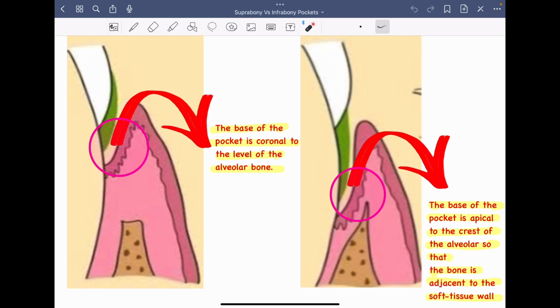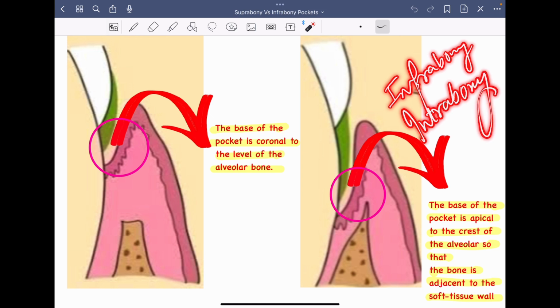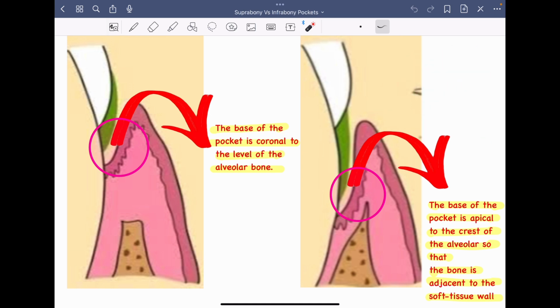Here we can see the base is coronal to the level of alveolar bone, whereas in case of intrabony or infrabony pockets, this is one of the synonyms. Either it will be infrabony or intrabony, both of them mean the same thing.